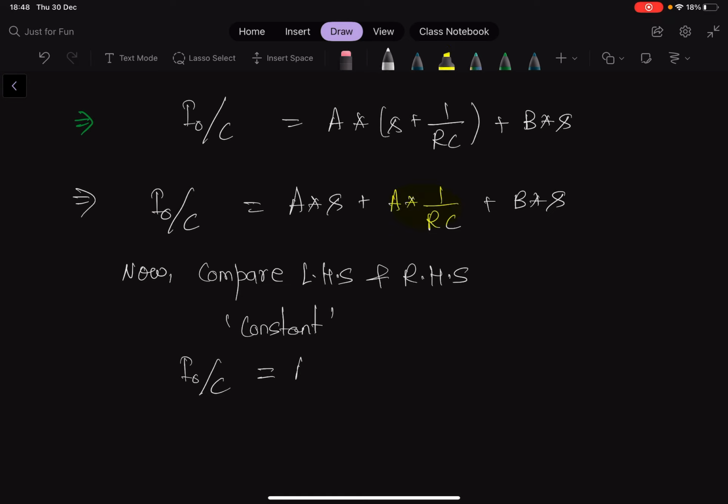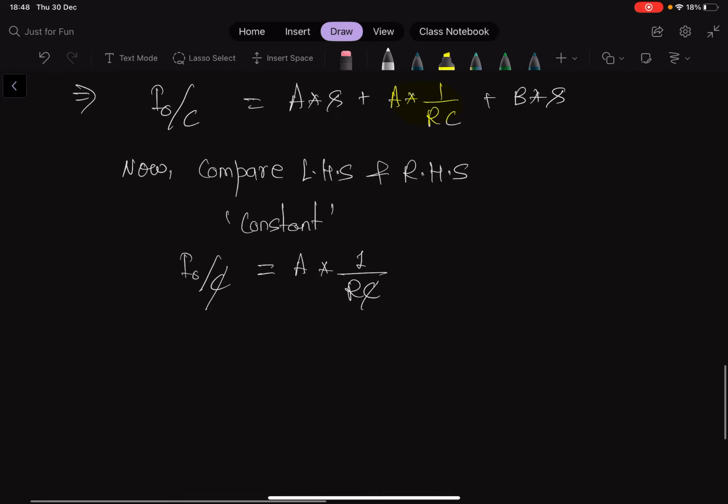So we get A times 1 over RC, and C and C will cancel. So we got the A value. The value of A is simply I naught, multiplied by R. That is the value of A.